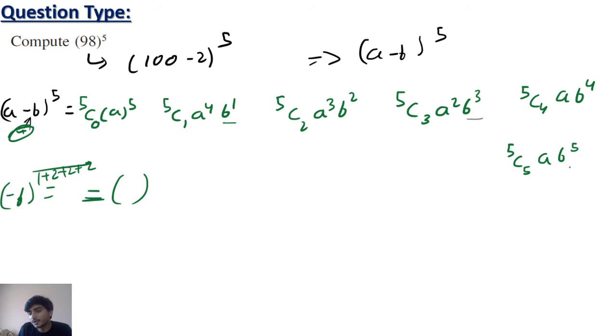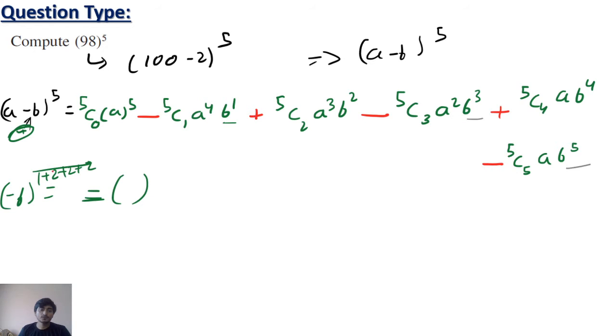In these terms we will directly put a minus sign. And in the remaining terms, since b to power 4, minus b to power 4 is also b to power 4, these will all become positive. Is it clear?